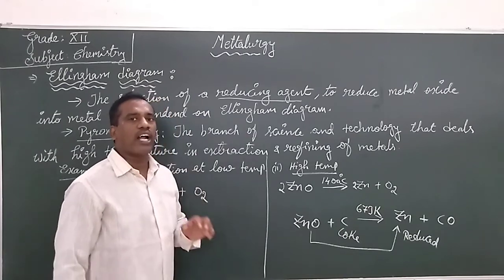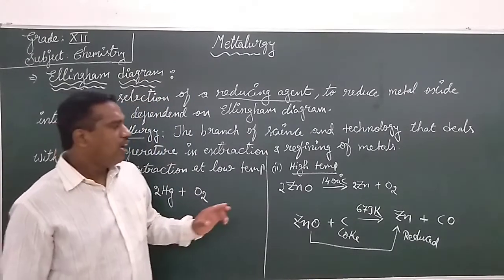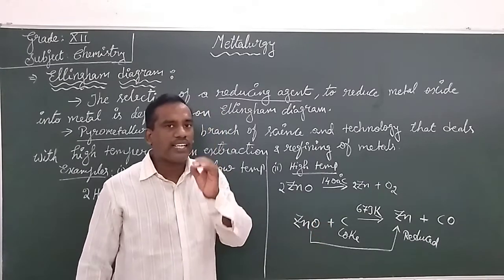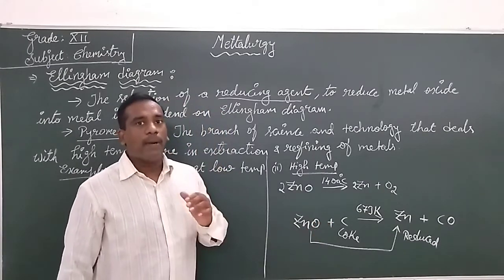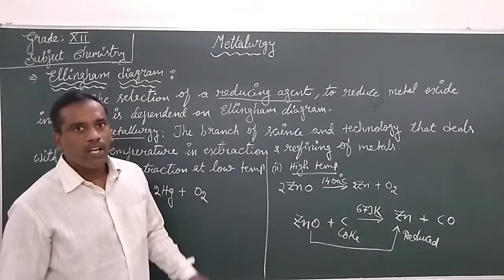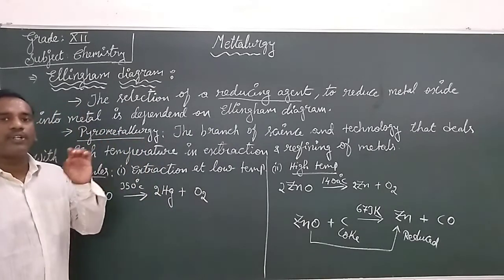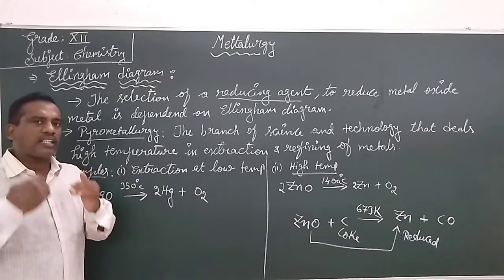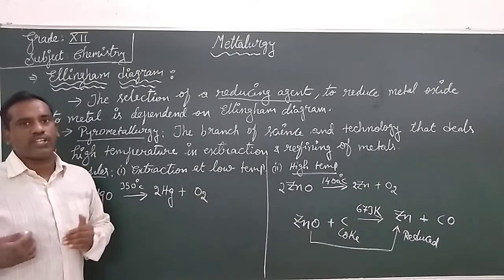Around only 400 degrees Celsius. So we are able to achieve this reaction at a very low temperature by the use of a reducing agent. So by the use of a reducing agent, we are able to keep the extraction of metal cost efficient.